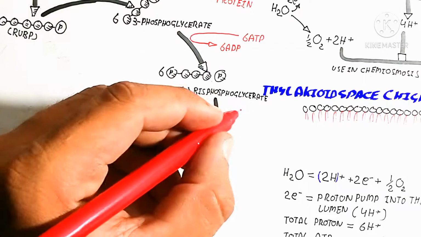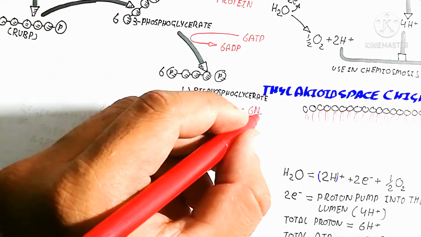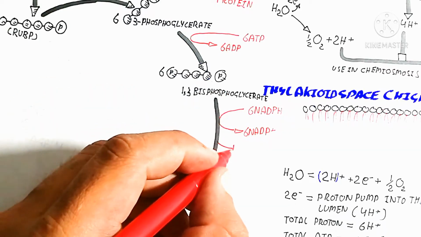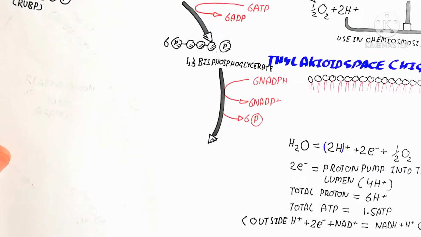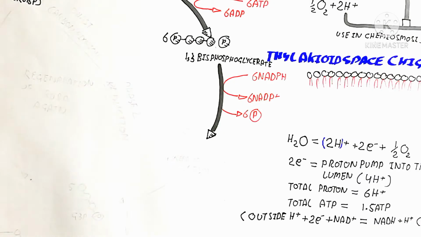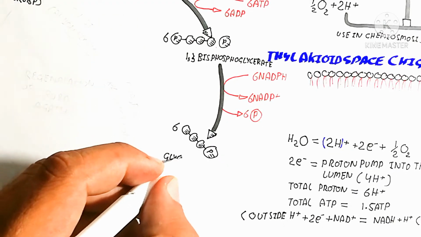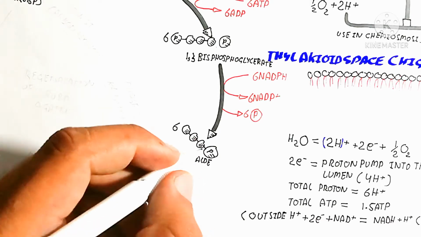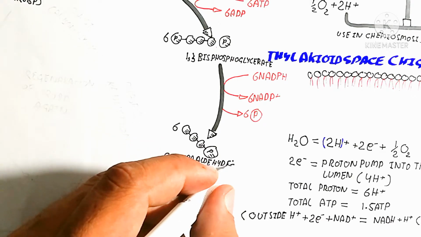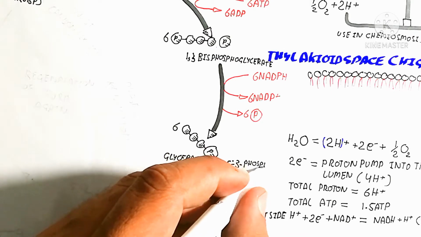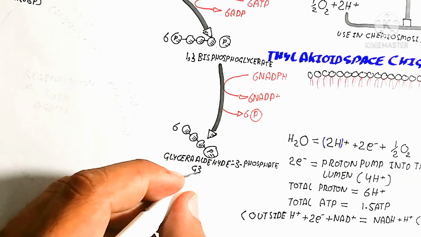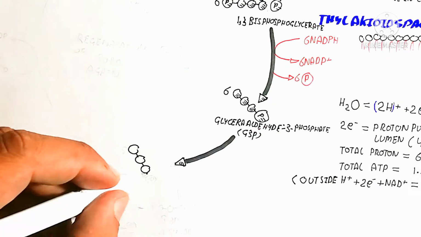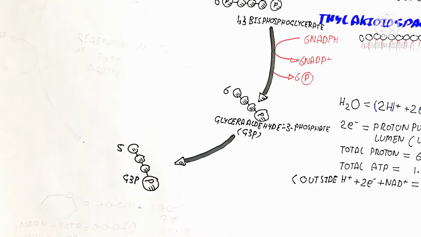It means carbon number 1 and carbon number 3 contain a phosphate group, while here NADPH is used to produce NADP plus, so that is the reduction, and the phosphate group is released. 6 phosphate groups are released and form glyceraldehyde 3-phosphate, G3P.